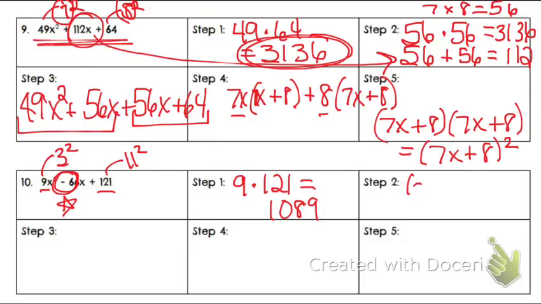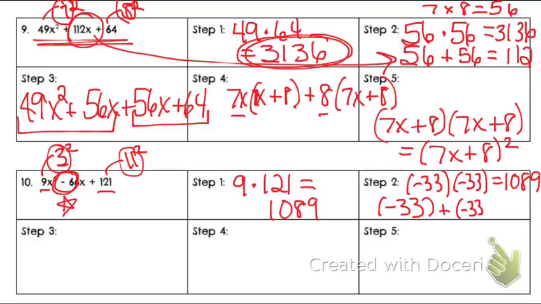I know that negative 33 times negative 33 is 1089. Where did I get that 33 from? 3 times 11. And I know that negative 33 plus another negative 33 will get me to negative 66. So they multiplied to make A times C, but they have a sum that's the same as this B value here, negative 66.